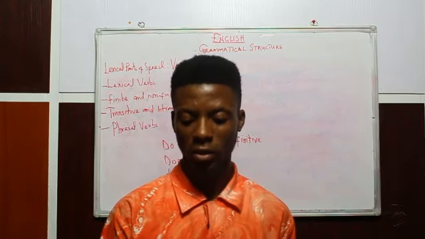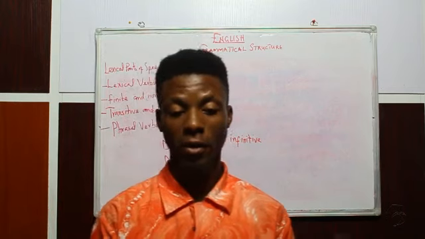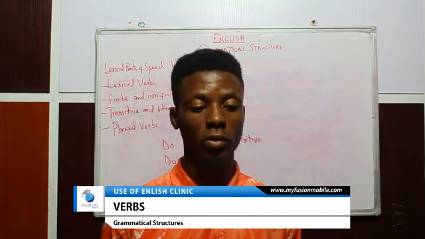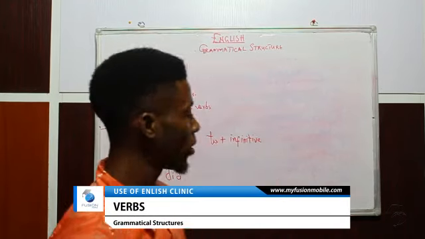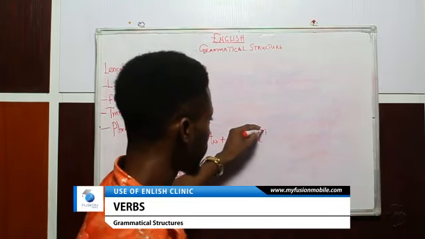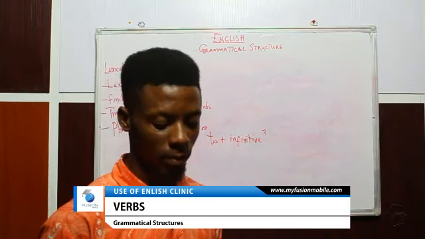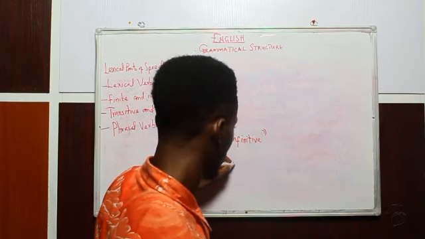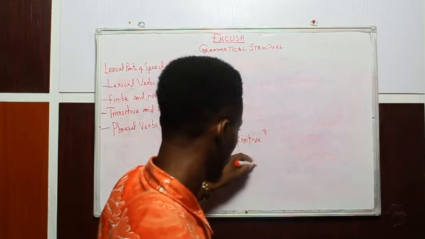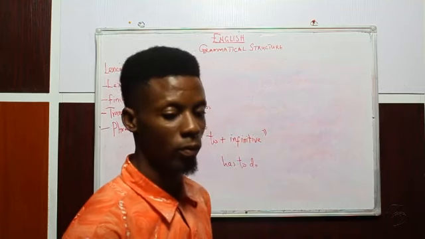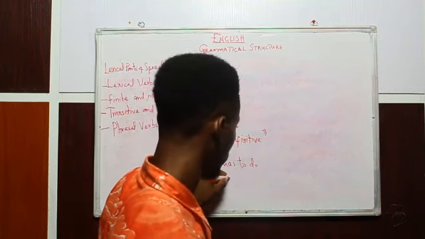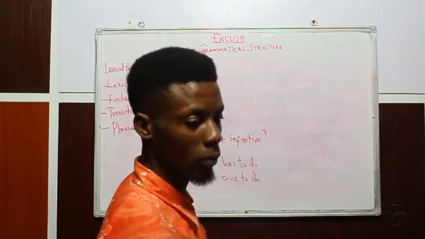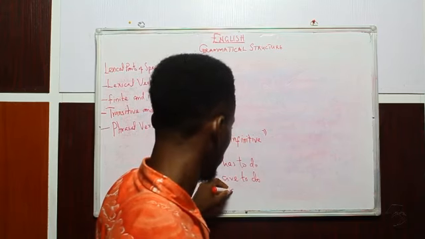In most cases, a non-modal auxiliary verb and a finite lexical verb are used to operate the to infinitive verb. An example of this is: has to do, are to do, we have wanted to do.